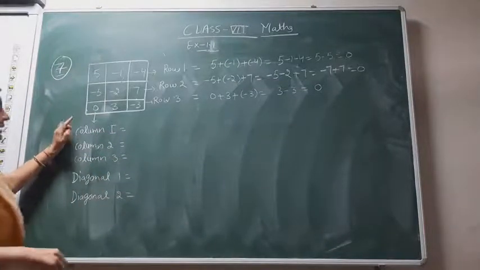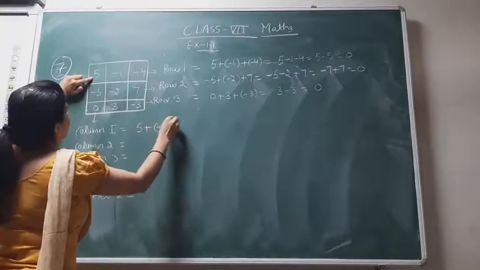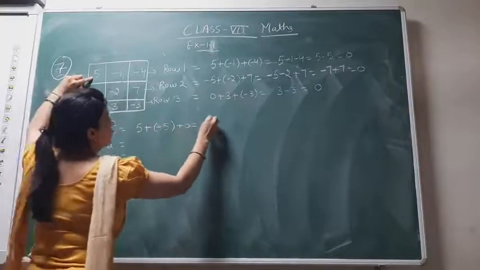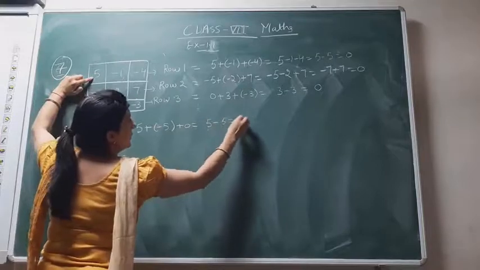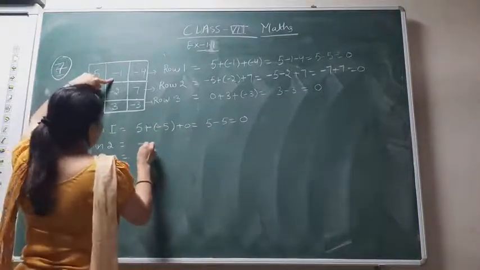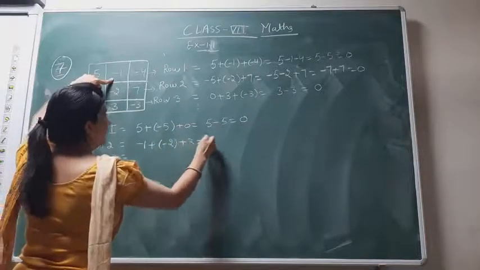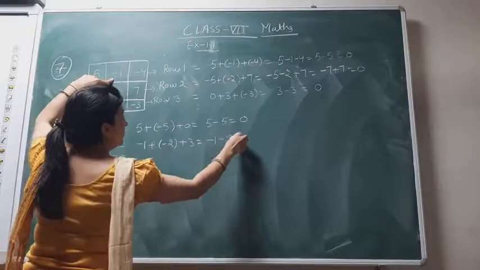Now we will come to the columns. This is column 1: 5 plus minus 5 plus 0 is equal to 5 minus 5, it is 0. Next column is minus 1 plus minus 2 plus 3. It is minus 1 minus 2 plus 3.